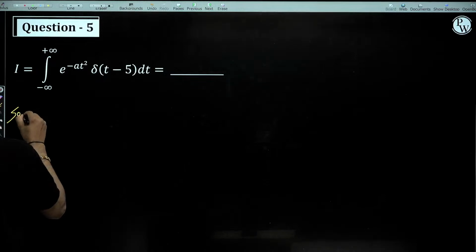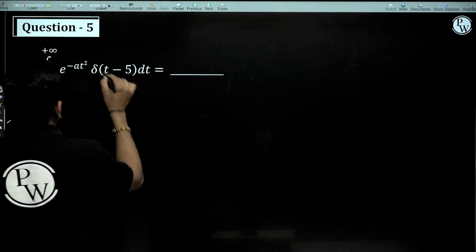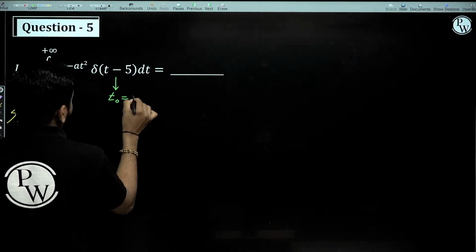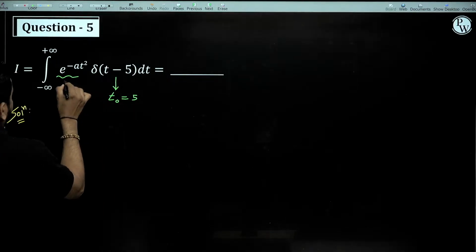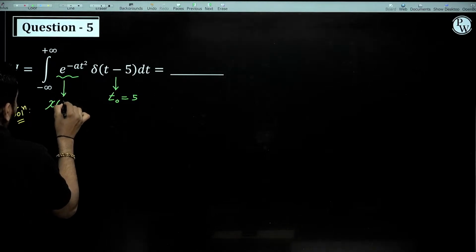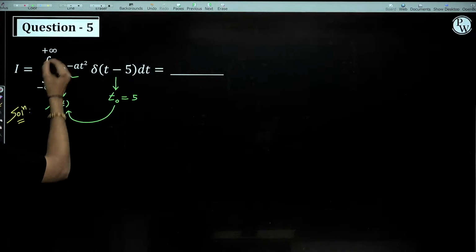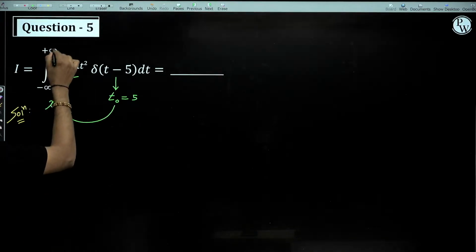So here is the solution. What is the t naught here? You can see this is your t naught equal to 5 and this is your x of t. So you have to put t naught here. Now from minus infinity to plus infinity, this 5 lies between minus infinity and plus infinity.